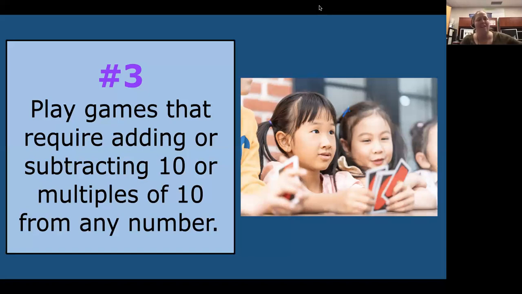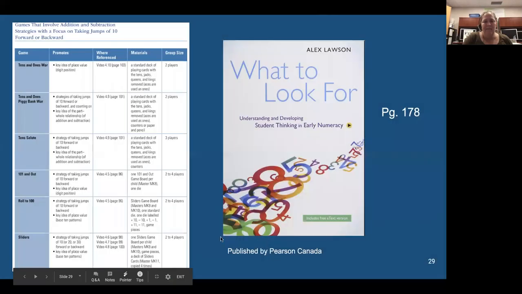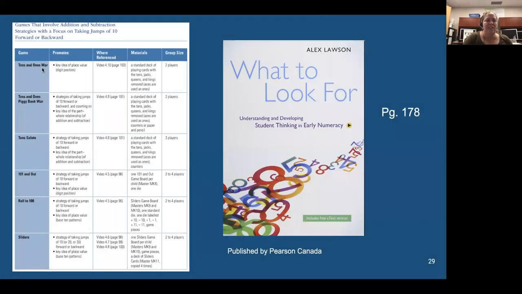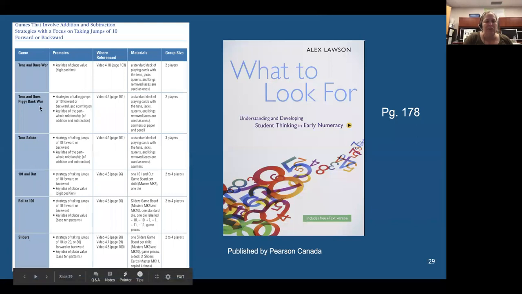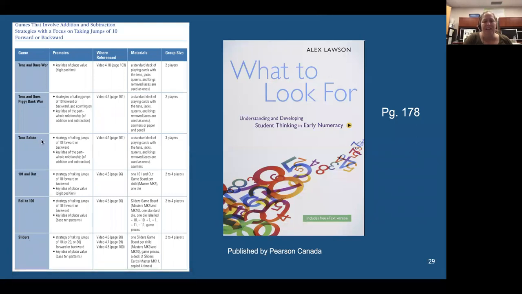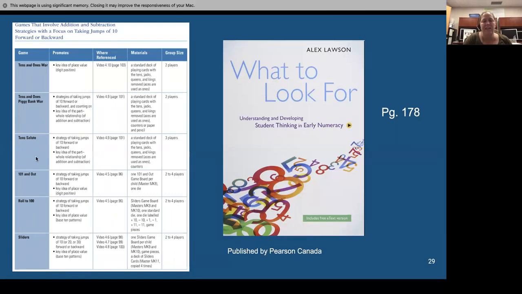But adding 10 from 26 is a lot harder. So playing some games that require that. And again, we have a whole list of them available in the book. All of these games help students to practice adding 10, either to other 10s or to any number.